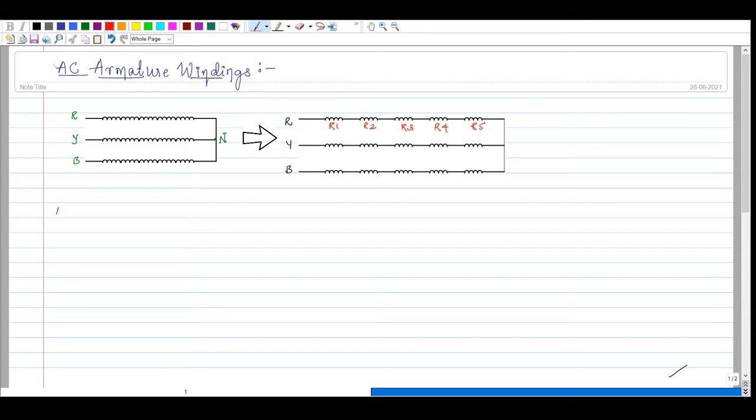The reason why we call it armature winding is because armature winding is the one winding where actual energy conversion takes place. If you go for alternators, since we are discussing this for alternators, energy conversion takes place in the armature winding.